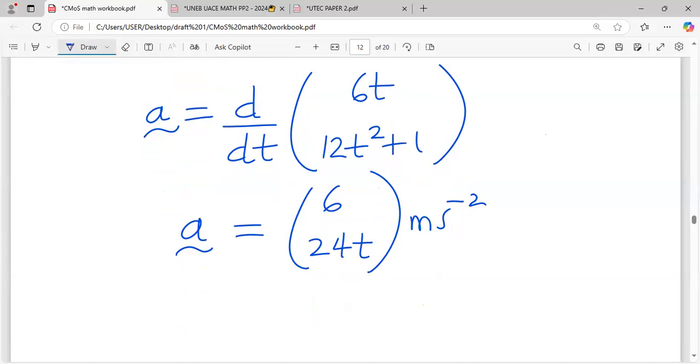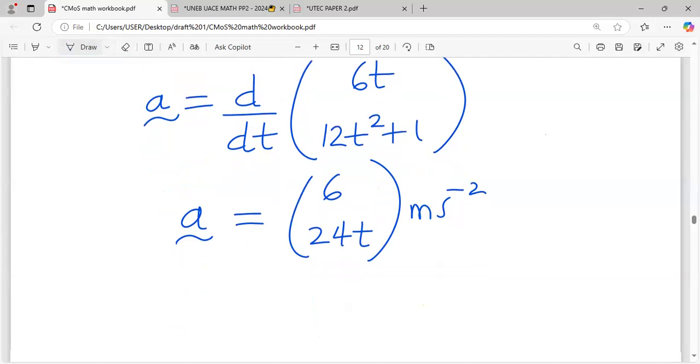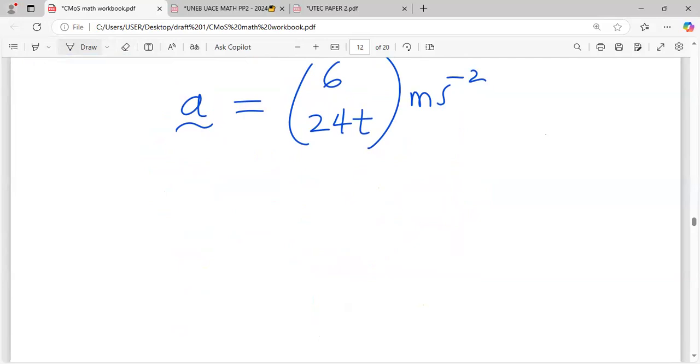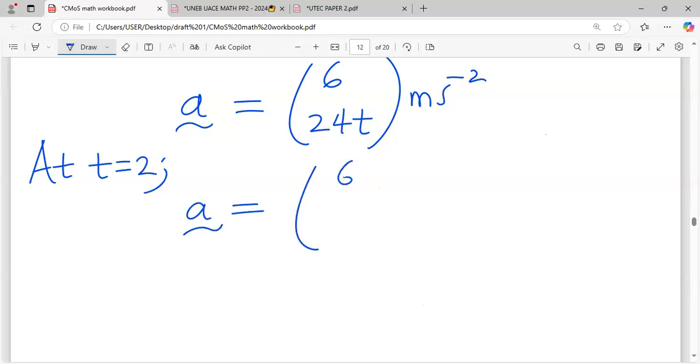And they say they want the magnitude. You cannot get the magnitude unless you substitute. So you come and say t equals 2. Acceleration is 6, and this is 24 times 2.